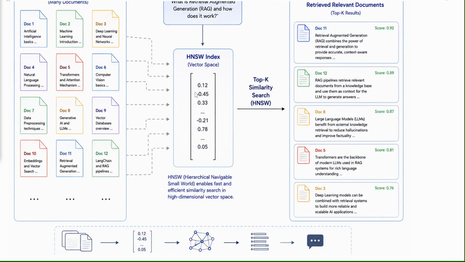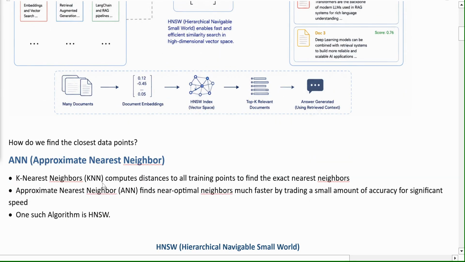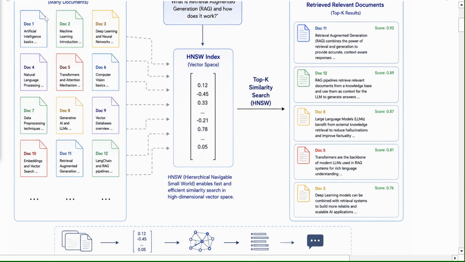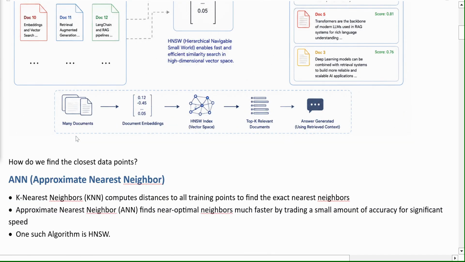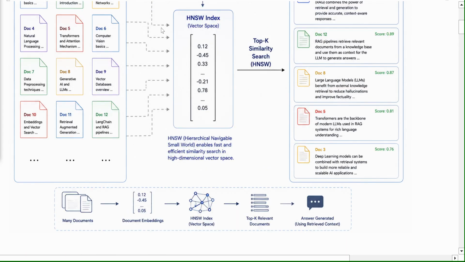That is nothing but k nearest neighbors. In KNN we check the distance between every document and the query and pick the top k documents. But in HNSW we don't do it like that.